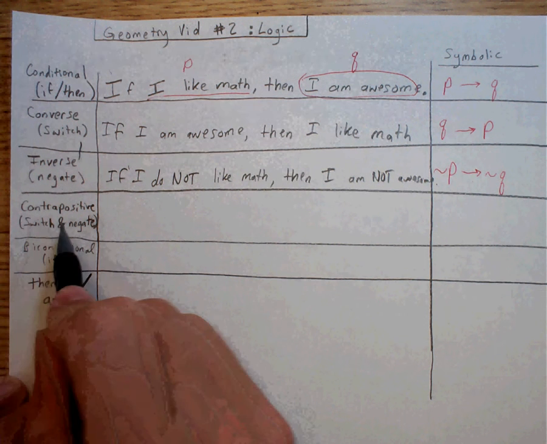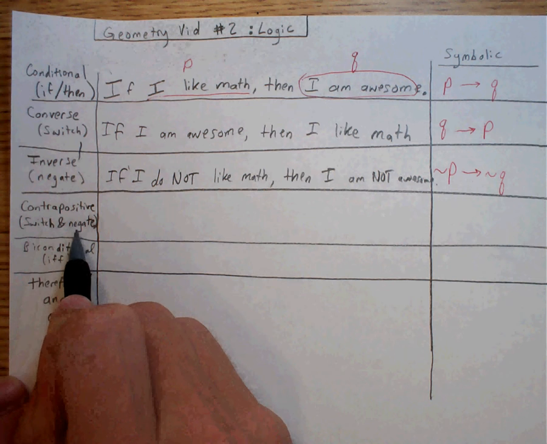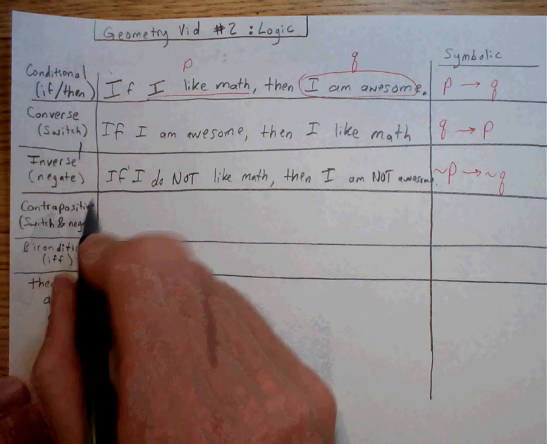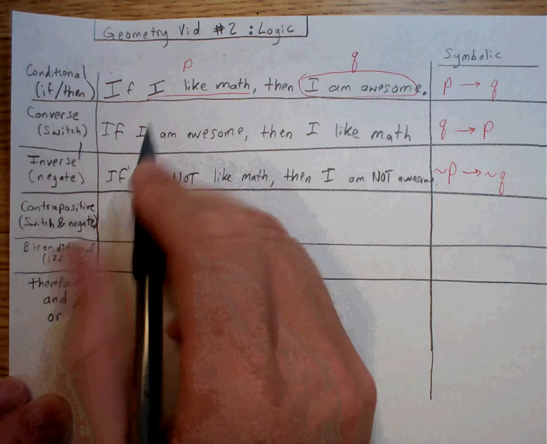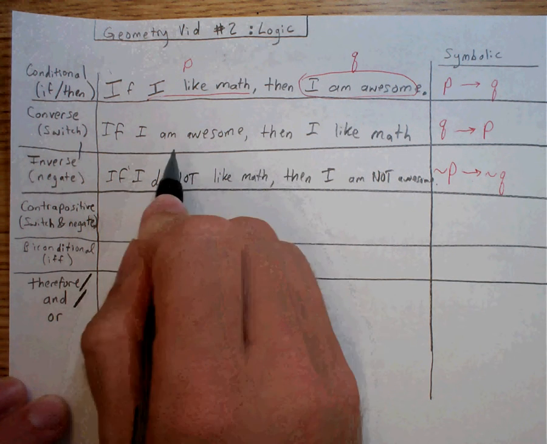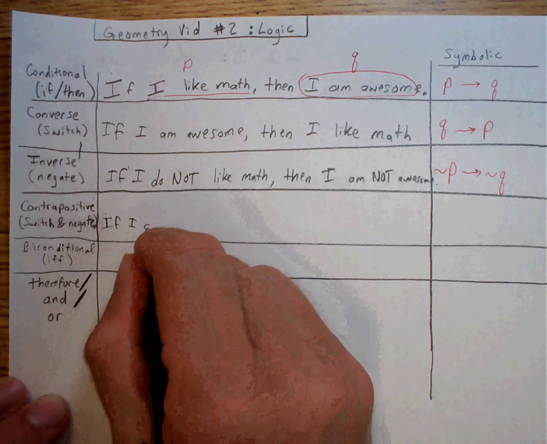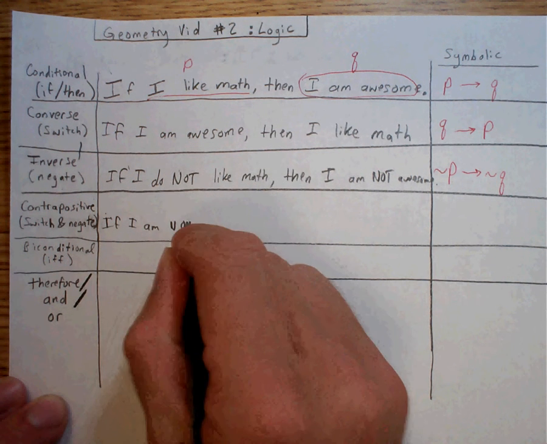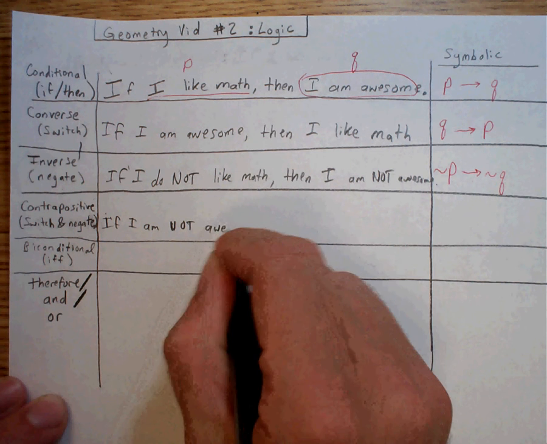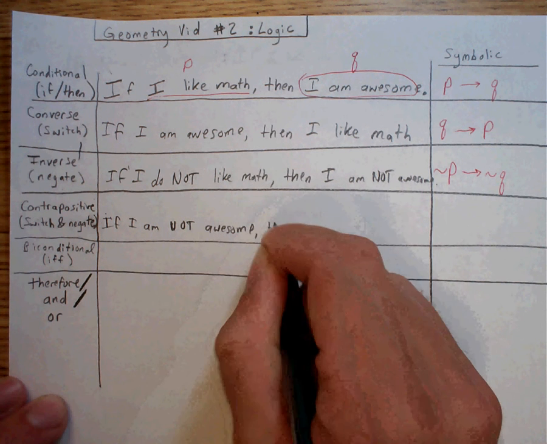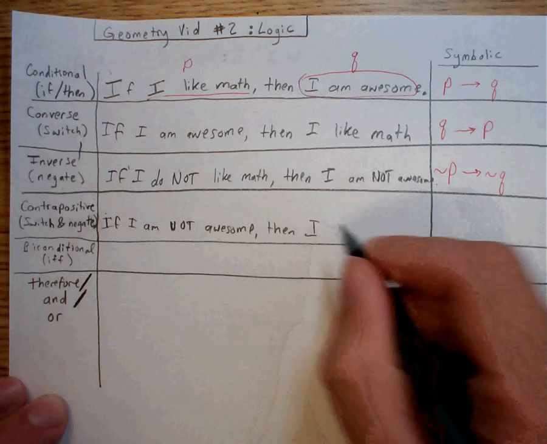Contrapositive. We switch and negate. So we switch just like the converse, so we start with the awesome half, but we say not awesome. If I am not awesome, then I do not like math.